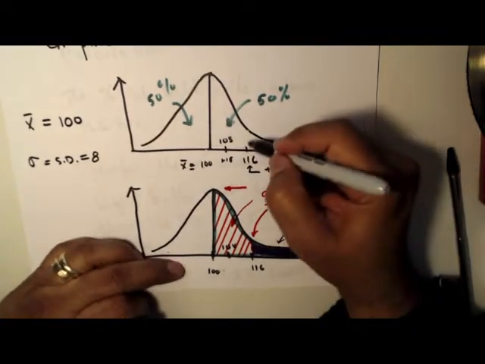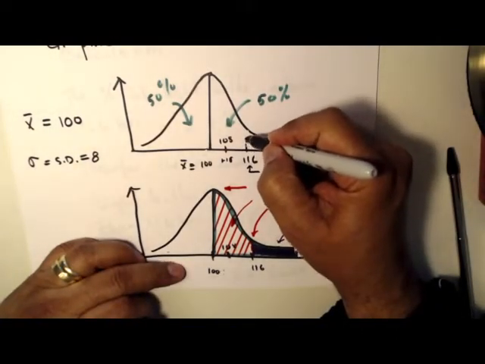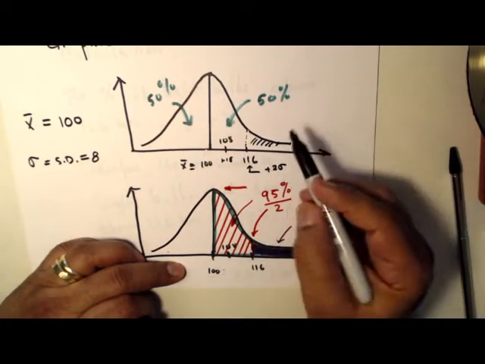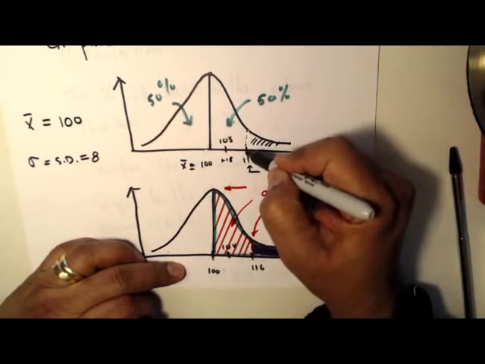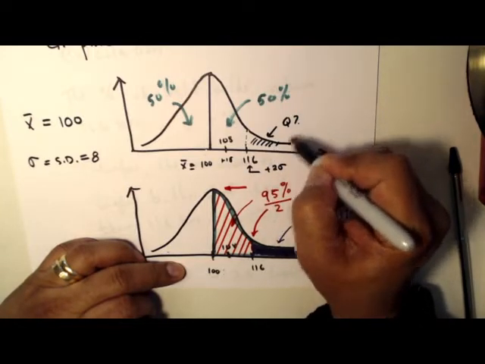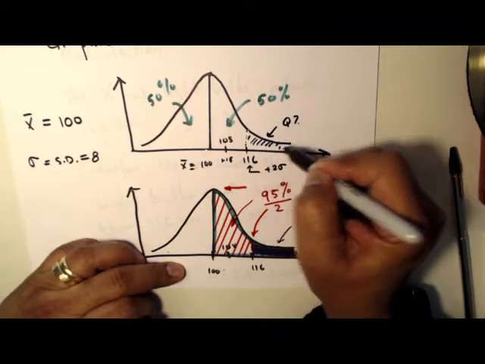This is what they're asking us. What is going to be on this side of the curve? So this is the question right here, basically.